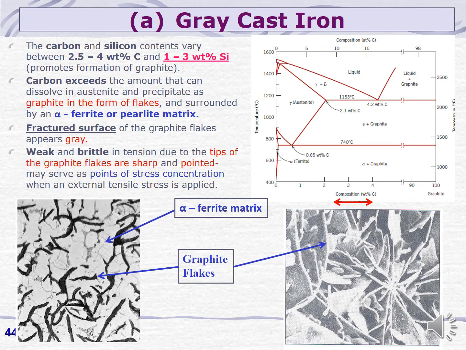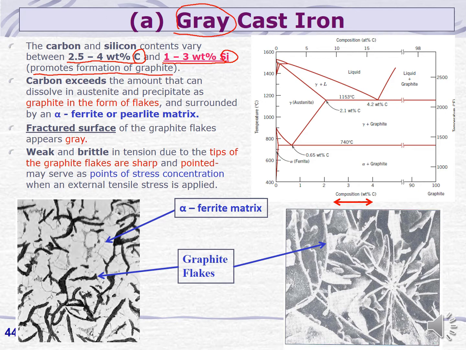First, the grey cast iron. This grey cast iron consists of 2.5 to 4 weight% carbon and 1 to 3 weight% silicon, which promotes the formation of graphite.